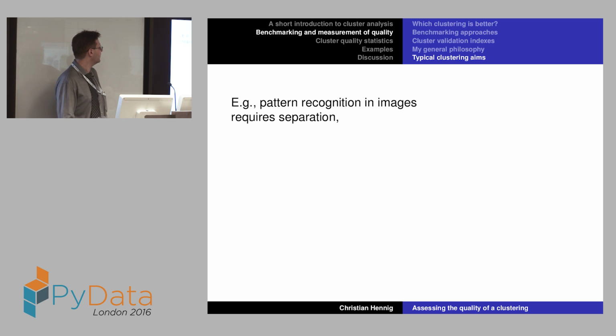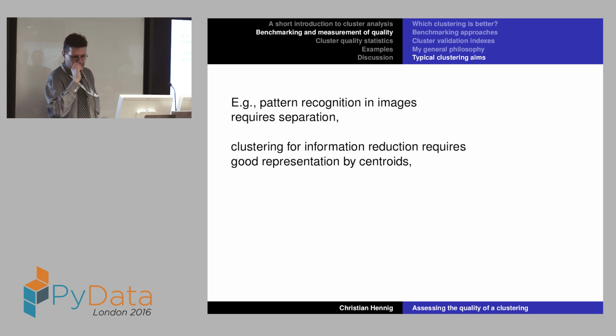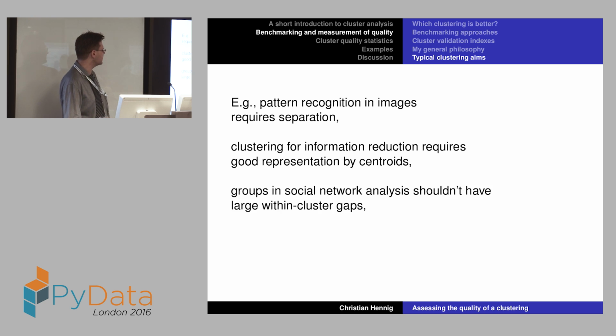And for example, if you want to do pattern recognition in images, separation of your clusters is very important. If you want to do clustering for information reduction and you want to represent all your objects in one cluster by a centroid, this is the most important thing that you could be interested in. If you want to find groups in social network analysis, you don't want to have large within cluster gaps, because then that's not a group anymore.